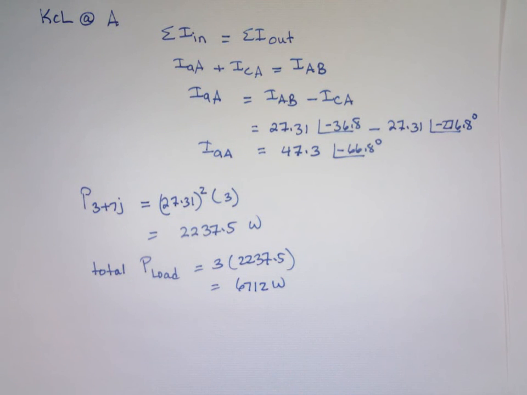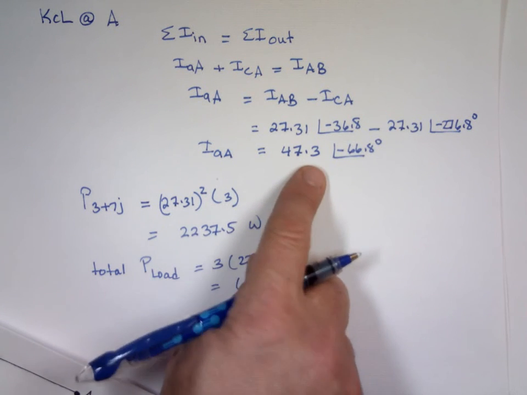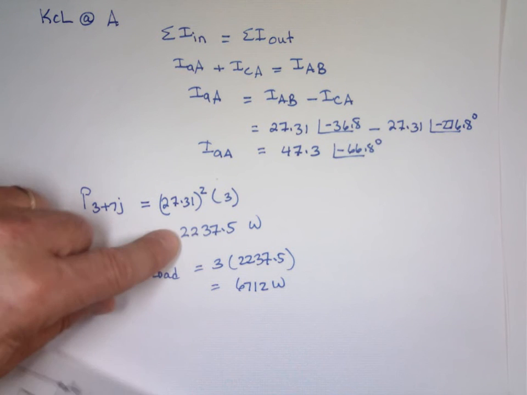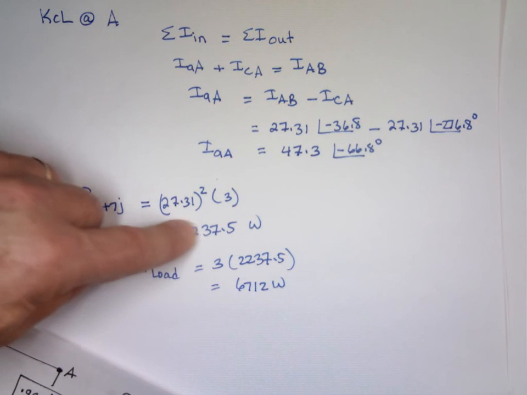Now again, when we did it the other way, we got 6627, so I'm off by about 40 watts, but I'm sure that's rounding errors. Just like that number, 47.3, they got 47.24. When you square it, the errors start to magnify much faster. So that's why the difference: it's supposed to be 2209, and I get 2237.